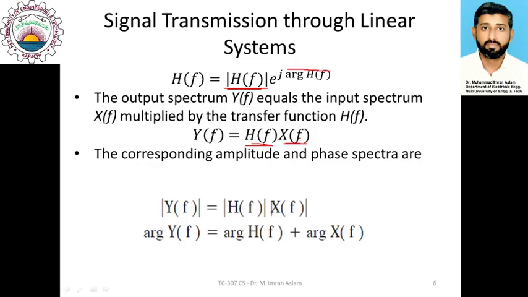But we know that for output, again, there are two important properties. One is its amplitude and the second is its phase. So we can individually calculate the amplitude and phase of the output as well. How can we calculate amplitude and phase?